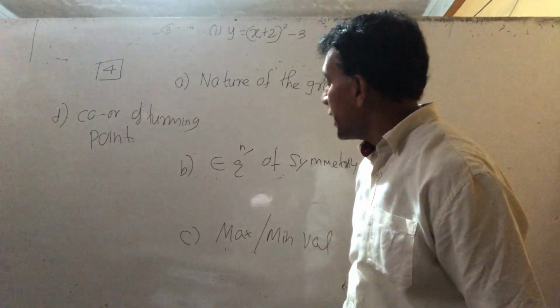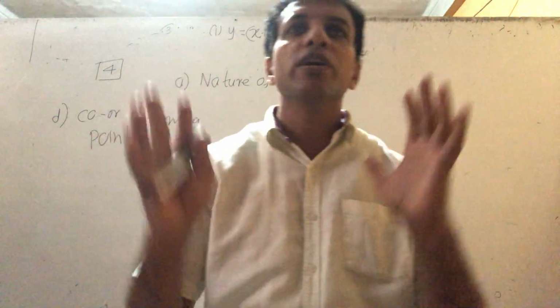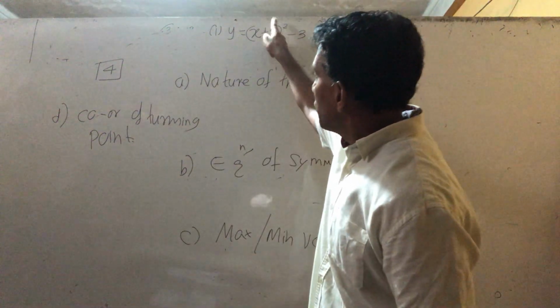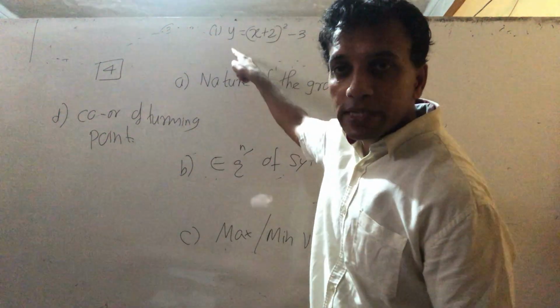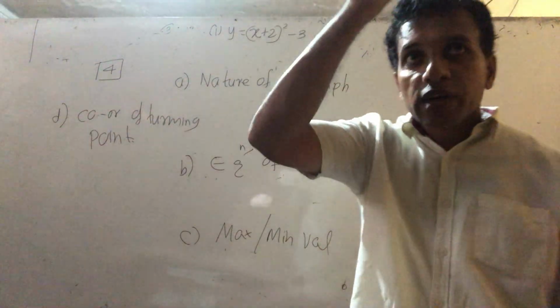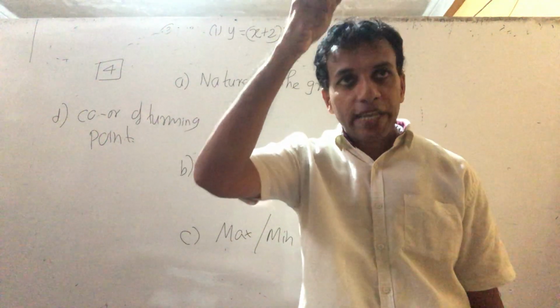Here, the nature of the graph means the shape of the graph. As I mentioned in my first video, if you expand, there is an x squared, and in front of x squared there is a positive symbol. Therefore the graph is a minimum graph.